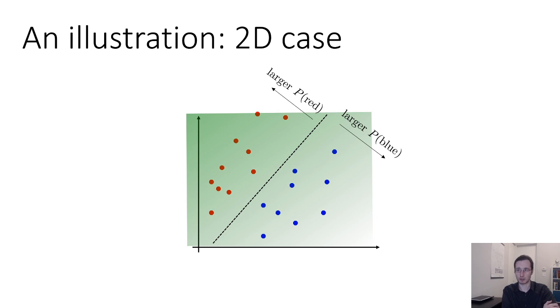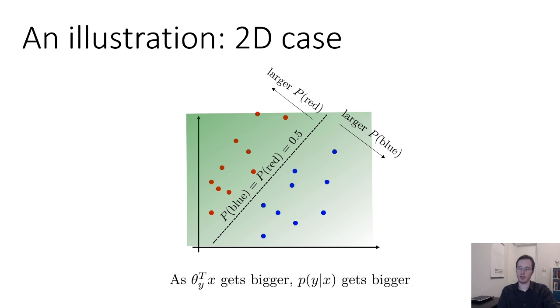So that's the effect that you're going to get if you do a softmax with these linear f's. The line itself is actually the point where the probabilities are equal. As the inner product between the theta corresponding to a particular label and x gets bigger, the probability of that label gets bigger. And if that inner product is equal to the inner product for another label, then the probabilities are 50-50.